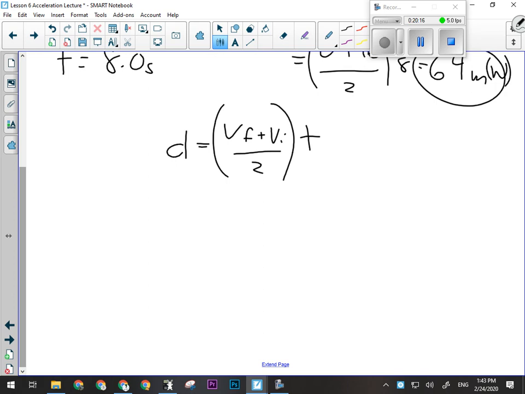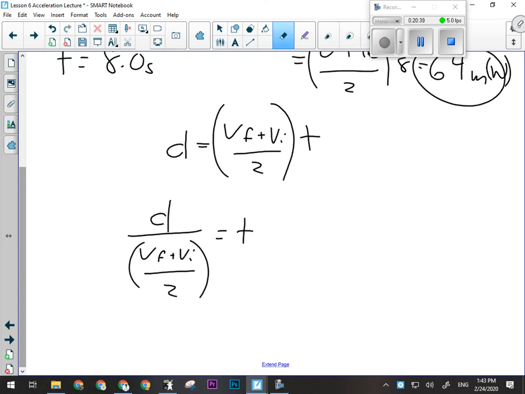Yeah, exactly. Think about order of operations. I would do whatever's in brackets before I multiplied by T. So what's in brackets is really just one number, X times T. If I want to find T, I just divide both sides by this whole bracketed thing. So I'd have D over VF plus VI over 2, and that would equal T.